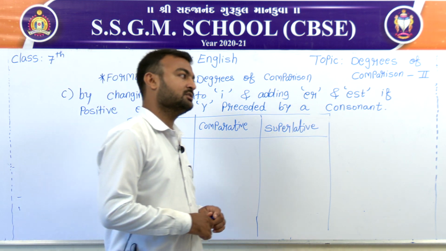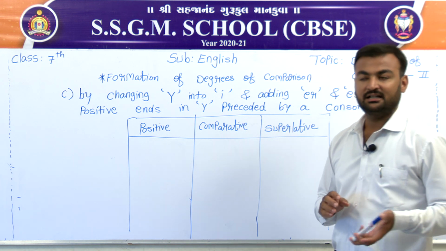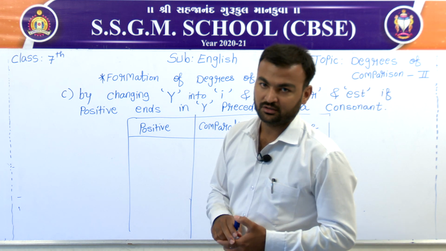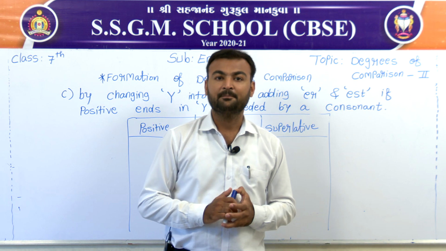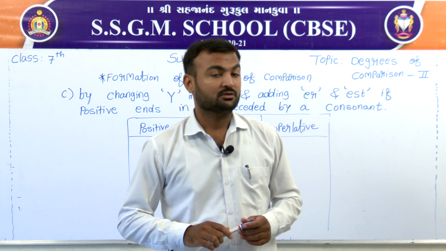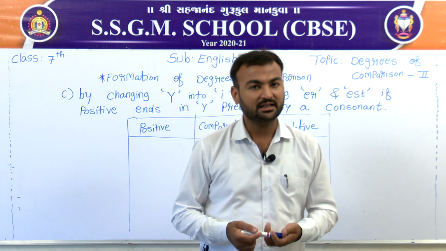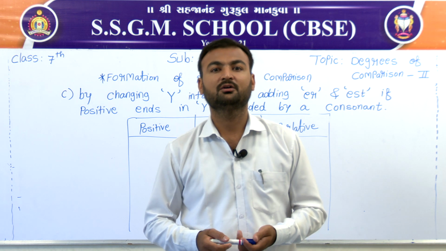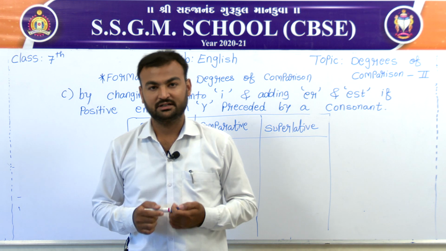Students, we know the concept of vowels and consonants. There are 26 letters in the English alphabet, and there are 5 vowels: A, E, I, O, U. The remaining 21 letters form consonants; 21 plus 5 is 26.